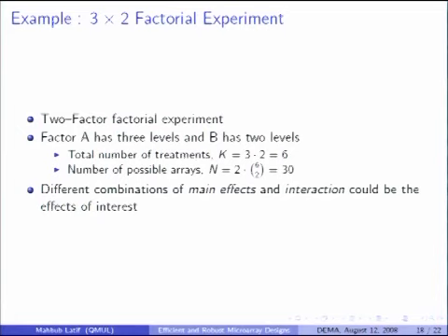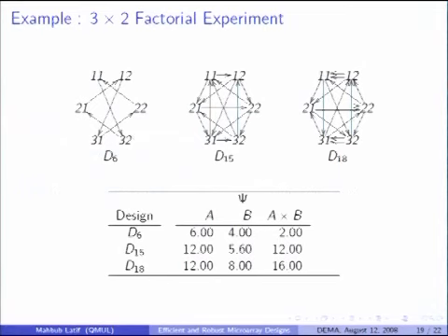I tried different combinations of main effects and interaction, and here I only show the situation where the two main effects and the interaction are of equal interest. One can use others. These are the designs with 6 arrays, 15 arrays, and 18 arrays. I have not tried to find good designs with more than 18 arrays.